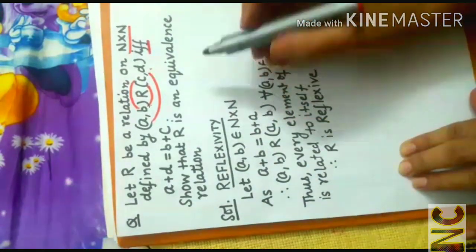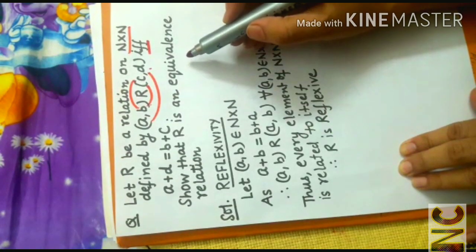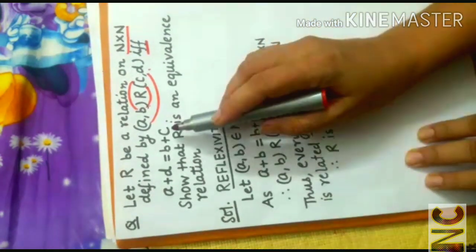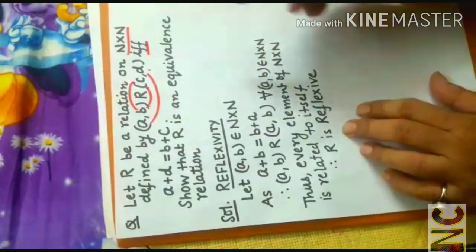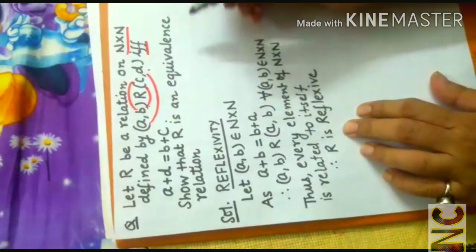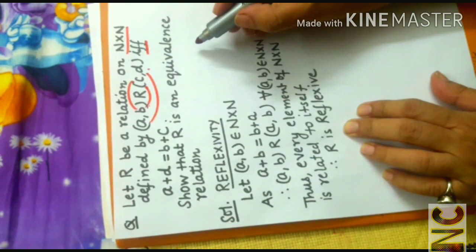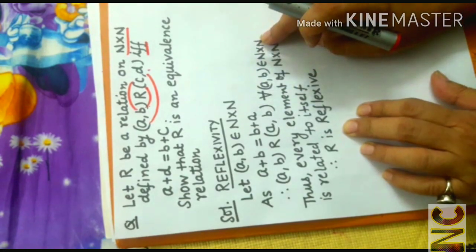We know that a relation is equivalence if it is reflexive, symmetric, and transitive. So first we will show that this relation R is reflexive. We know that a relation is reflexive if every element of the set is related to itself.